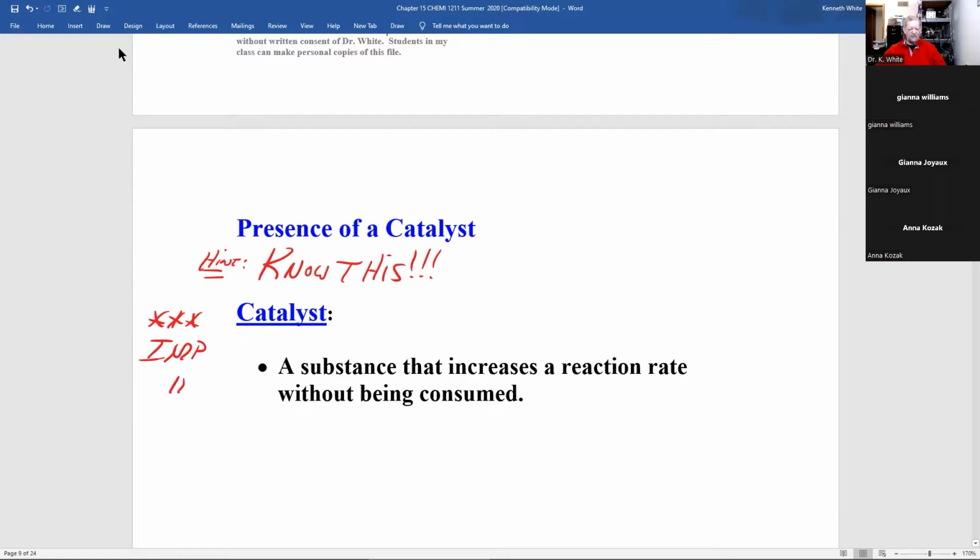Now you know it's important. You should know, what is a catalyst? It's a substance that increases the reaction rate without being consumed.